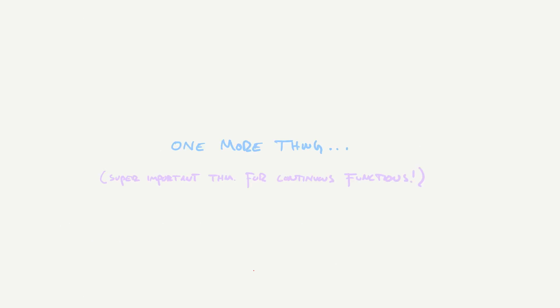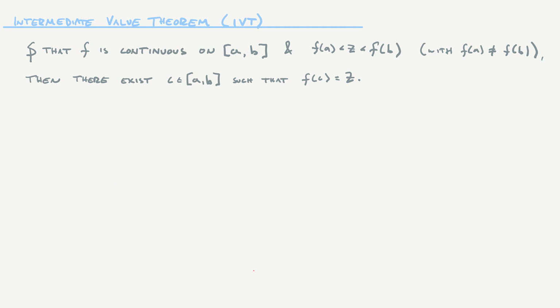All right, now there's one more thing I wanted to touch on in this video, and it's really important to know for continuous functions. It's called the intermediate value theorem. What it says is, let's suppose that f is a continuous function on the closed interval a to b, and there's some z value that's between f of a and f of b.